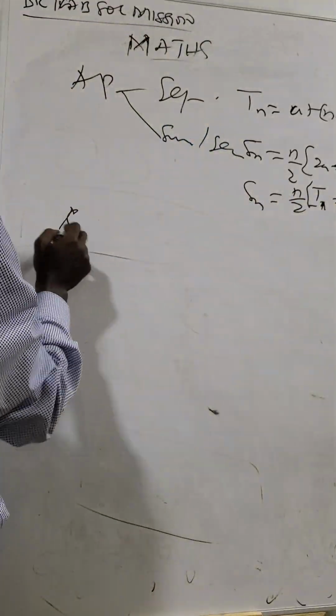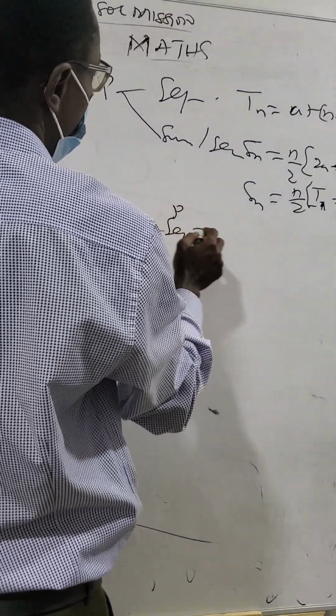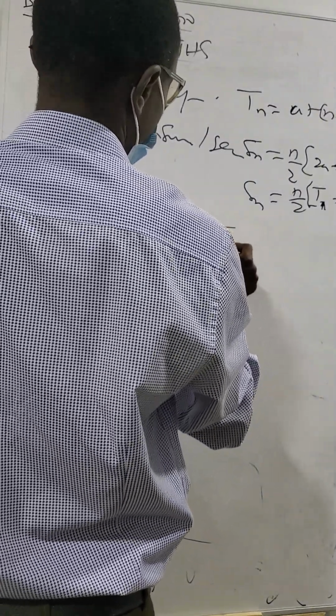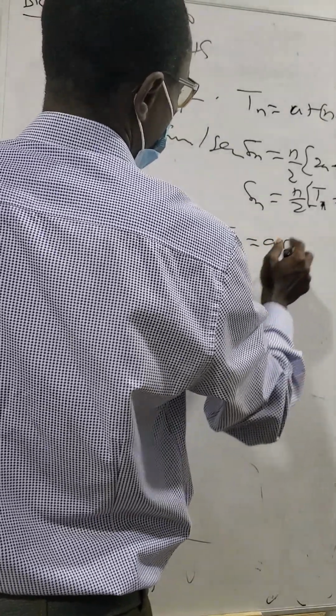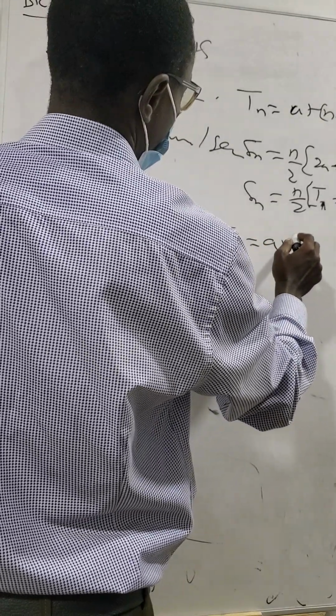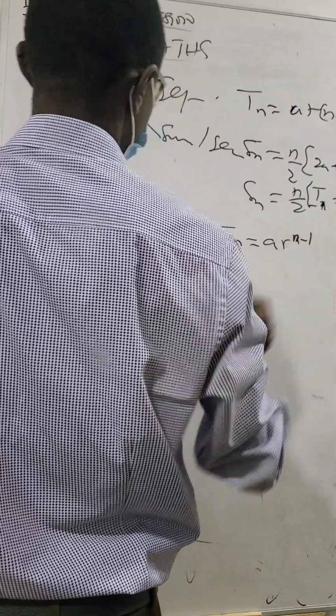Then we came to our GP and said the sequence or the progression is given by Tn equals the first number a, times the ratio r, the factor that we are multiplying by, to the power n minus 1.